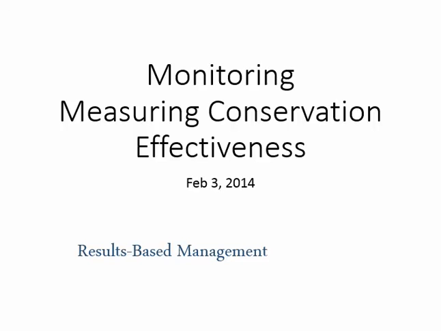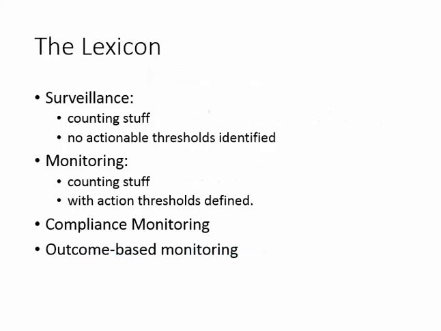So the first thing to think about is the lexicon of monitoring, that we can distinguish monitoring from surveillance. Surveillance is the idea that you might be counting stuff and assessing changes in population, but there's not necessarily any actionable threshold identified. Things go up, things go down, that's great.